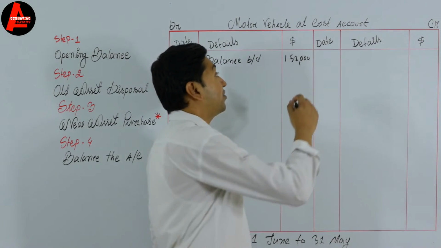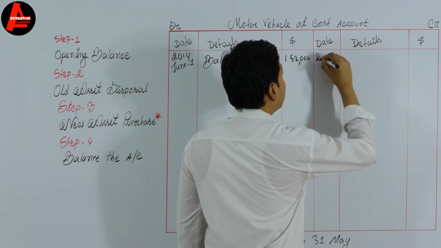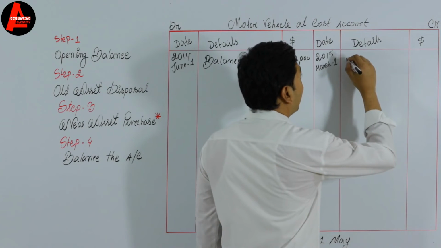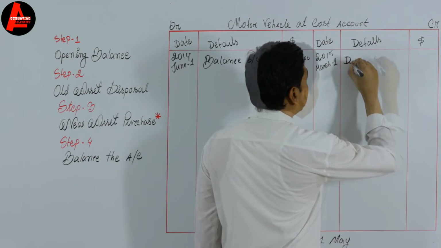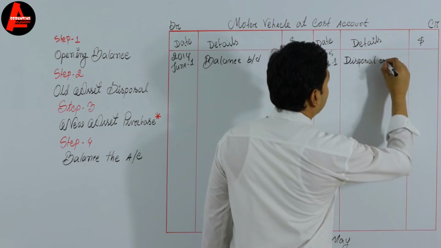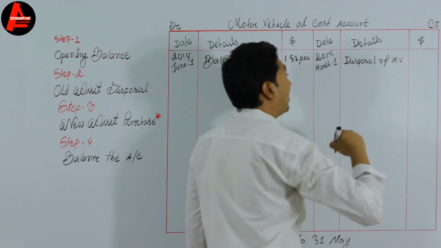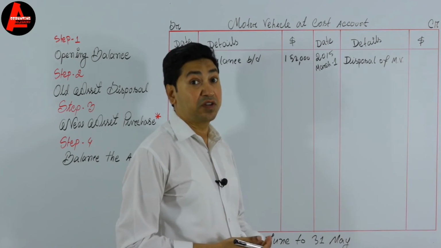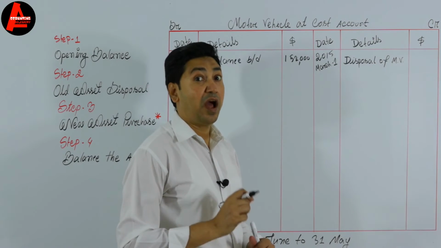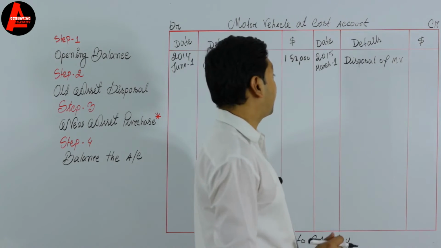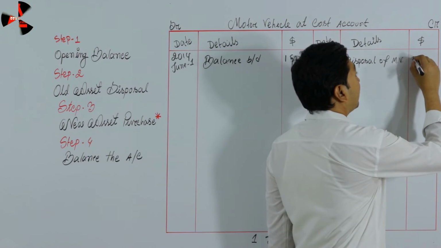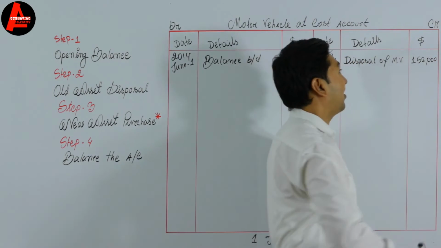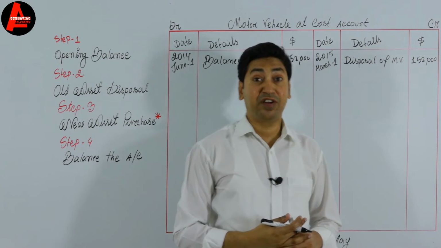Let us write here 2015 March 1st, she disposed, so we will write here disposal of motor vehicle. The cost price was $152,000. This full amount will now be disposed. So let us write here $152,000.